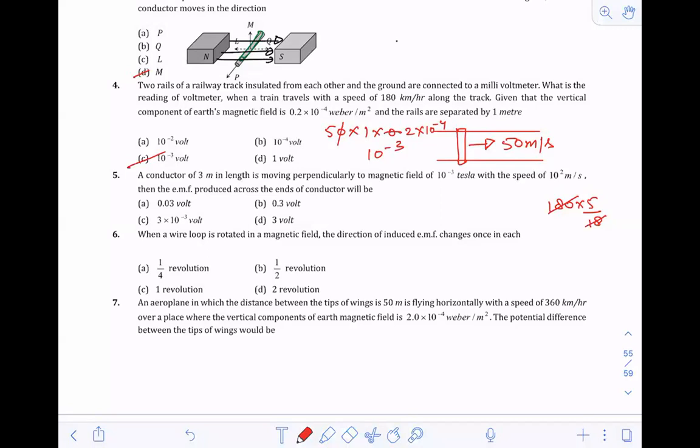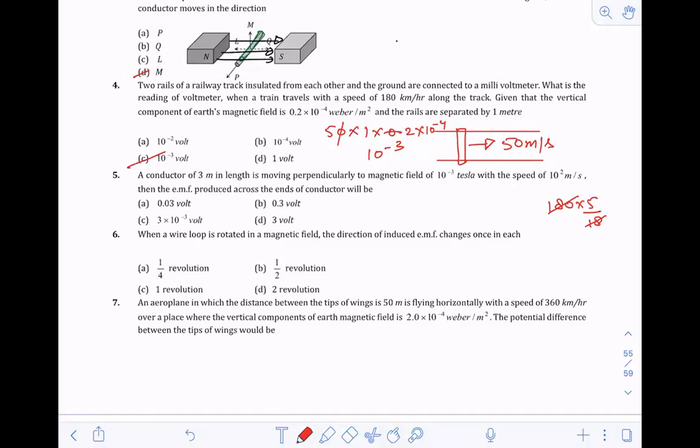Now question number 5. Question number 5 is a conductor of, okay, option B. Okay, let us check.